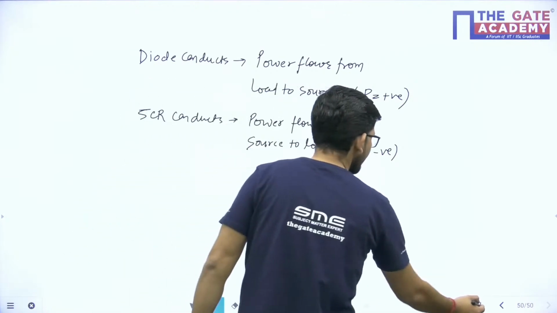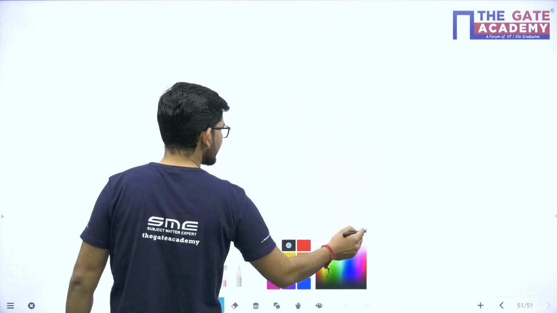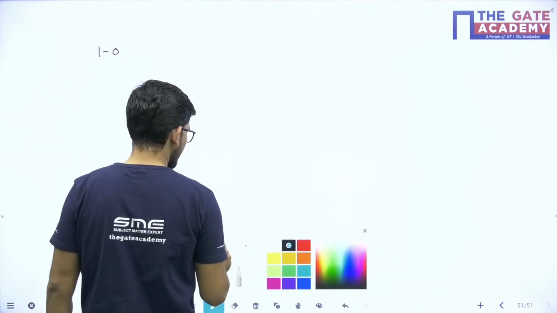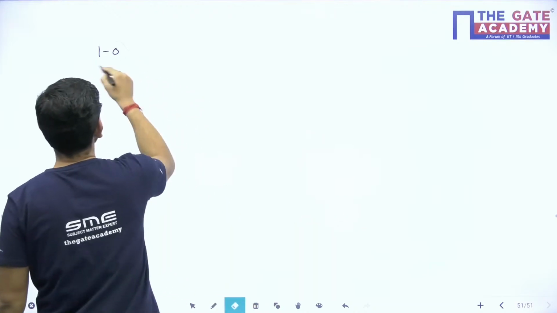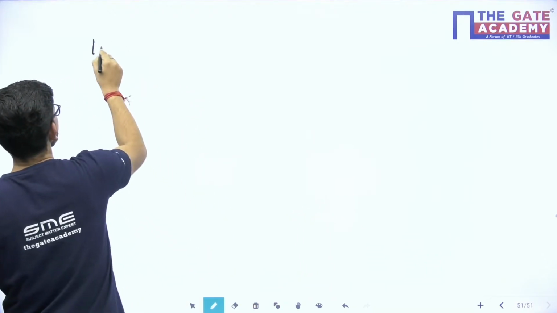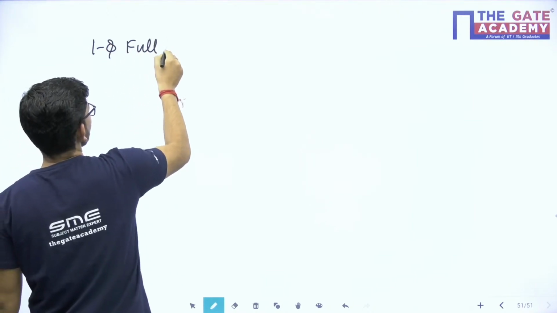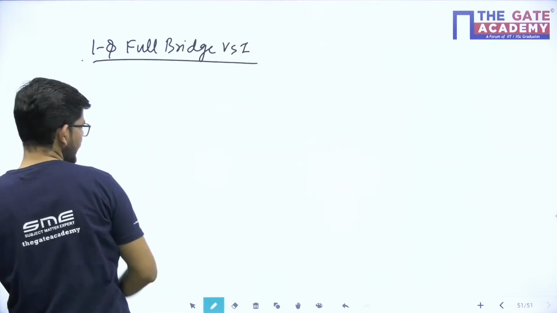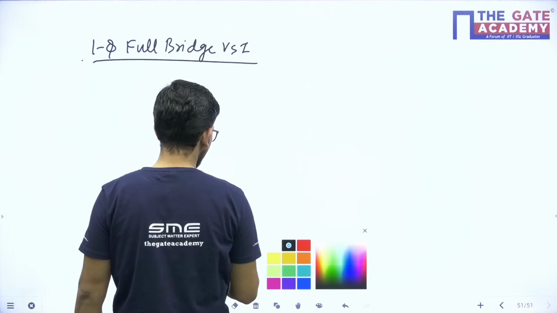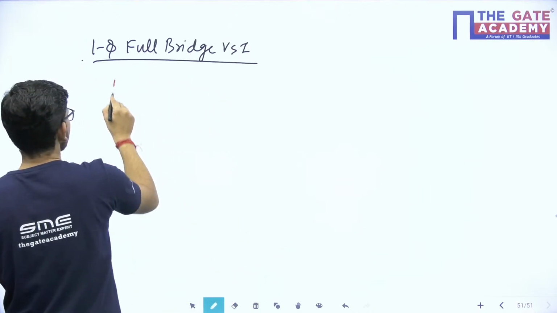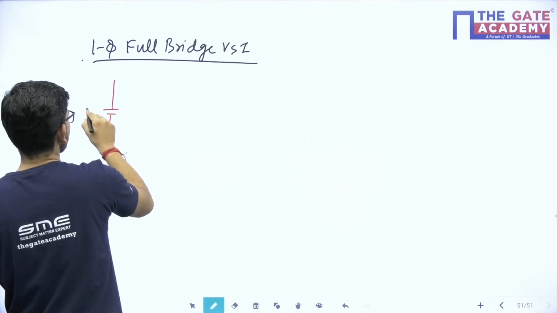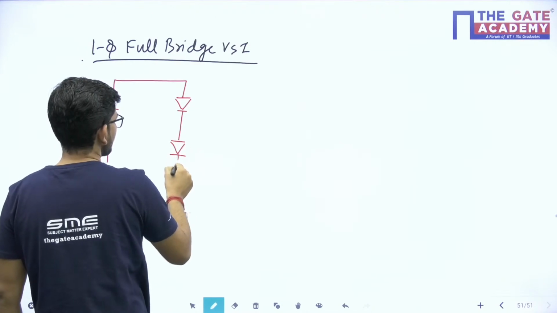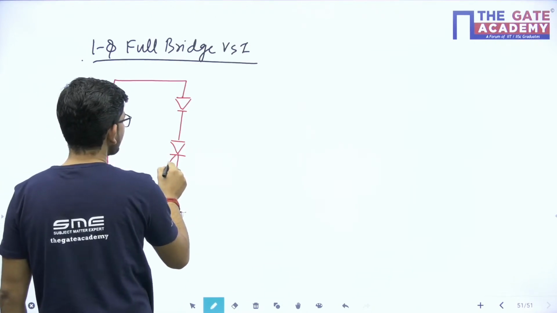Now after that, if I talk about the single phase full converter, full bridge VSI, then what will be the circuit diagram? Its circuit diagram will be something like this. We have Vs here. It is just double the half bridge inverter.